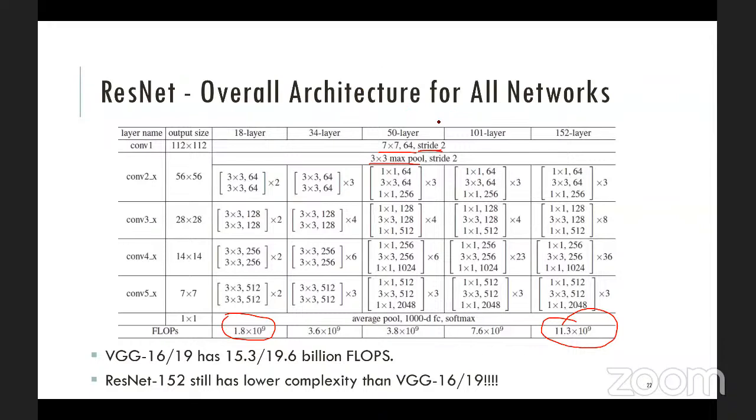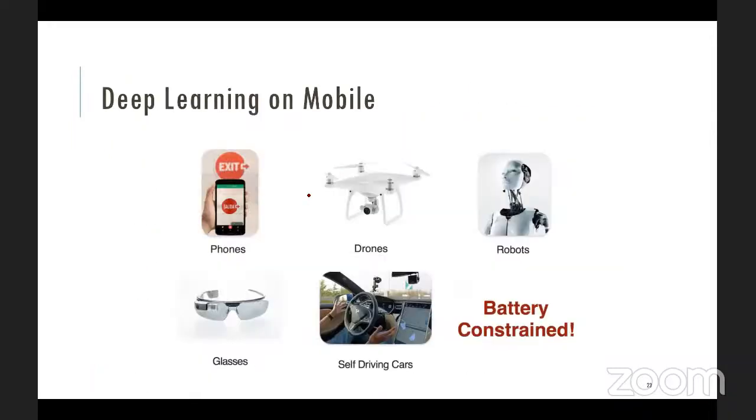FLOPs means how many floating point operations you need to do for this model, for training and classification. So if you go by the FLOPs, from 15.3 billion in VGG to this, you can see ResNet is much deeper than VGG but still has lower complexity than VGG, right? So this was the beauty of this architecture.